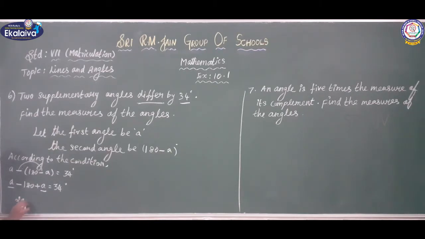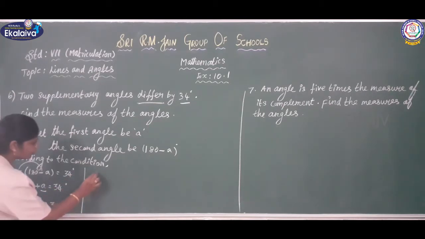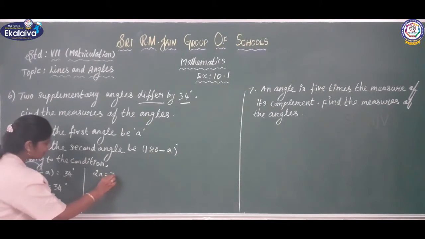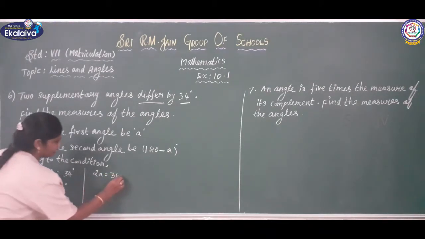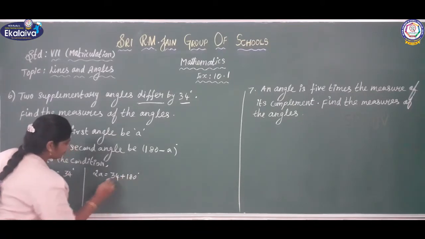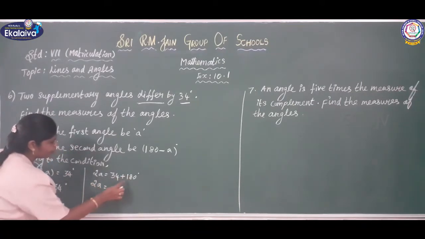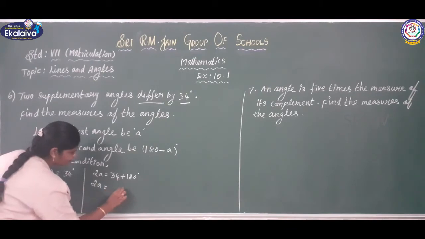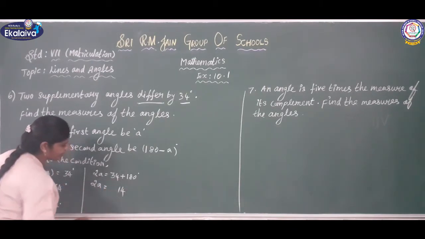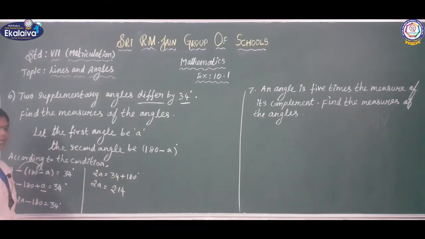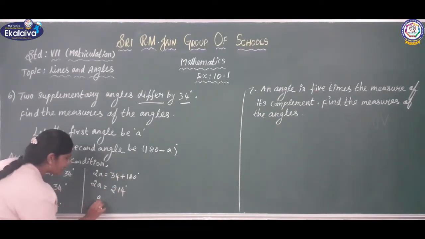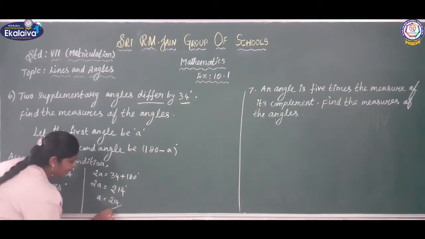So, 2A minus 180 equal to 34 degree. So, 2A equal to 34 and the minus 180 will change to plus 180. So 2A equal to 214 degree. So A equal to 214 by 2.